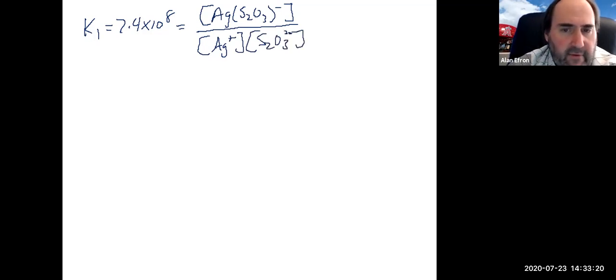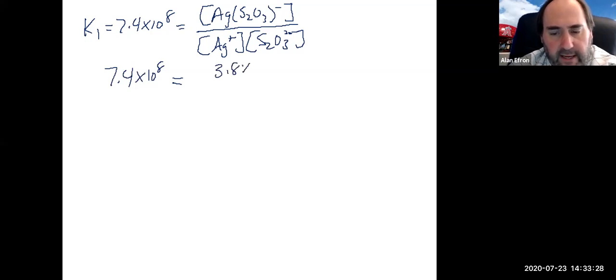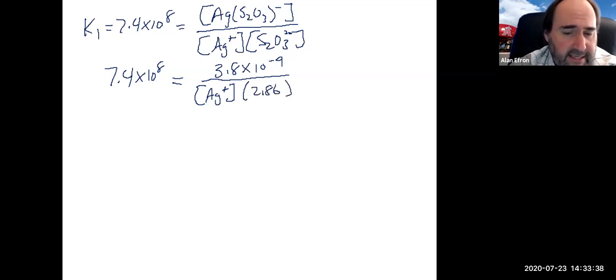And again, we have all these values from our previous two things that we solved for. So we just got that this is 3.8 times 10 to the minus 9. The silver we're looking for. And we saw that this one is still 2.86.